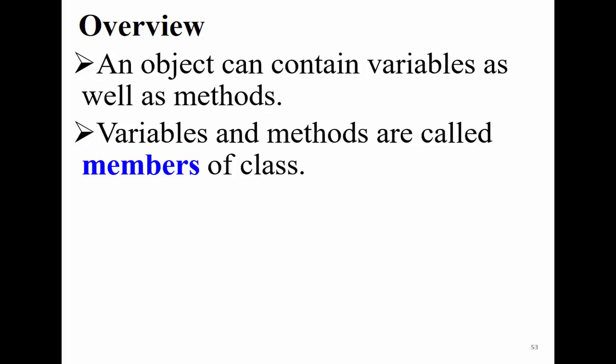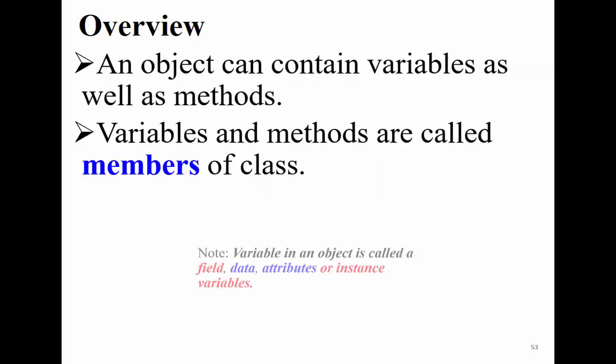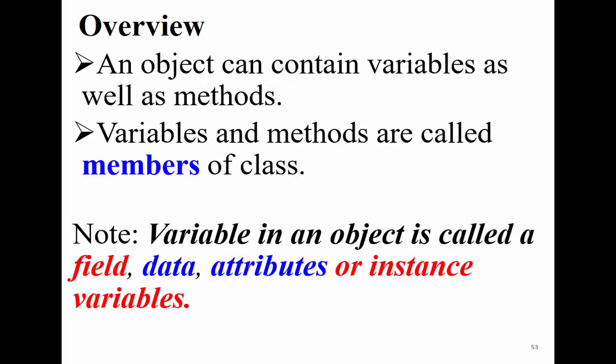So here, for example, the name, we can call it instance variables, attributes, fields. Okay, all of these you can name it. So fields, data, attributes, instance variable. All these four keywords are referring to the same thing.